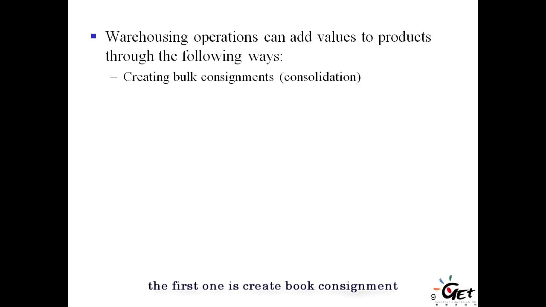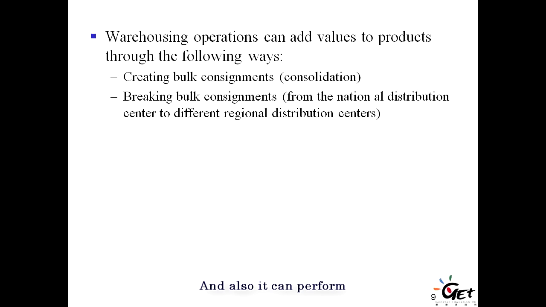The first one is create bulk consignment. That means to consolidate products from different suppliers, and then ship this combination of the products to the downstream organizations. And also it can perform breaking bulk consignments, to break a large consignment into smaller consignments.